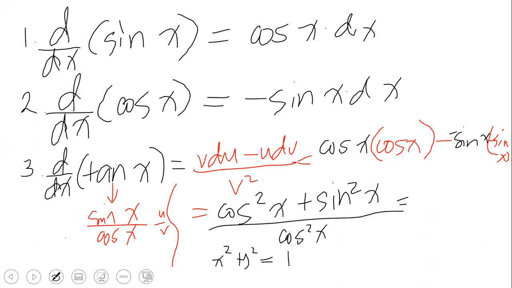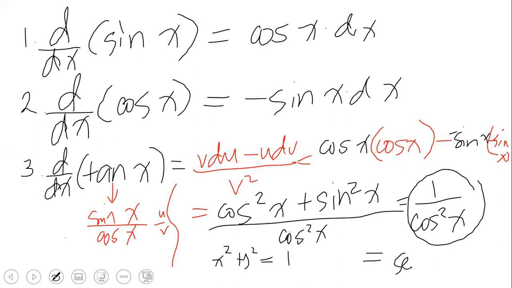So remember, we can also use that property. So identity ulit. So that will be cosine squared x plus sine squared x equal to 1 over cosine squared x. Remember, ang trigonometric property ng 1 over cosine squared x is also equivalent to the secant squared x.